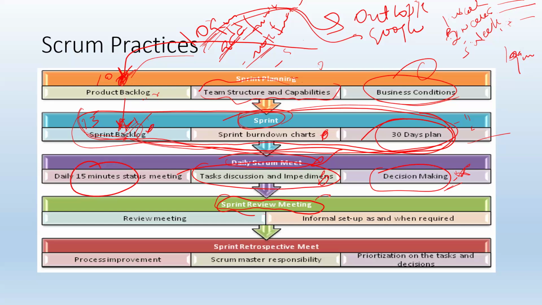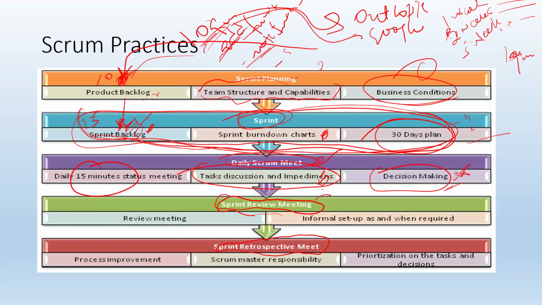The sprint review meeting and the sprint retrospective meeting happen when the sprint is about to complete in one cycle.